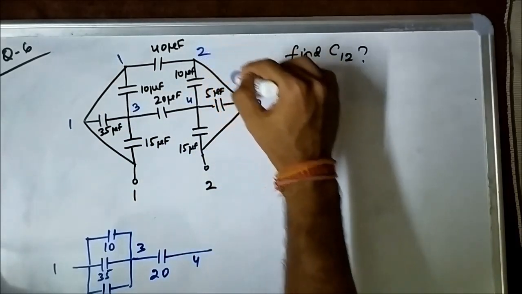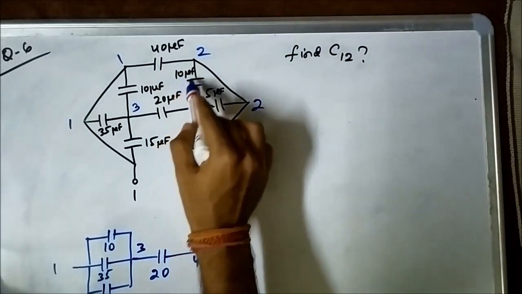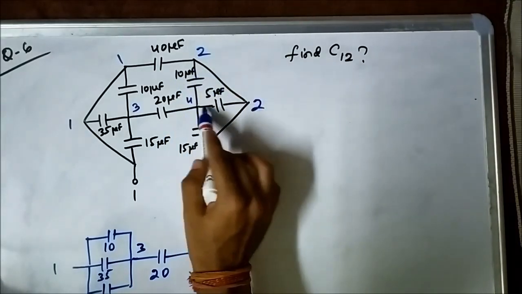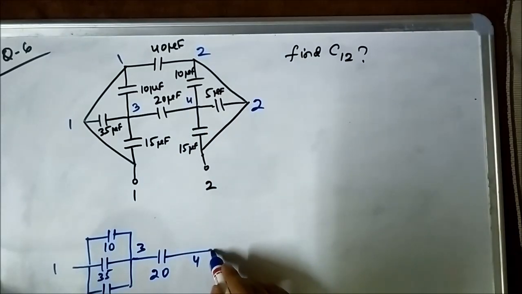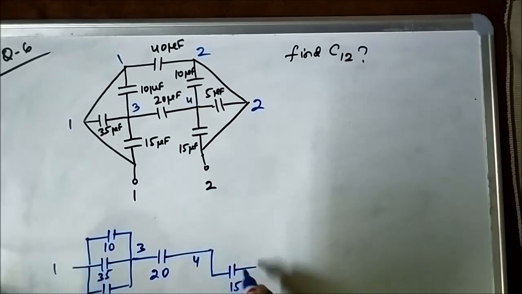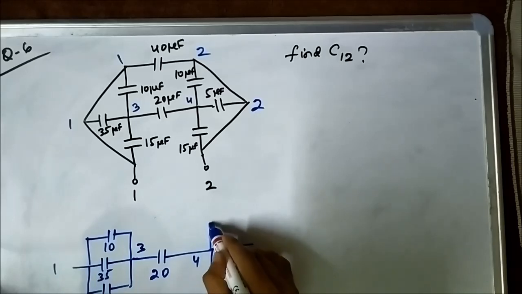Similarly, in between points 2 and 4, there are 3 capacitors connected: a 10 microfarad, a 5 microfarad and a 15 microfarad. So we have a 15, a 5 and a 10.